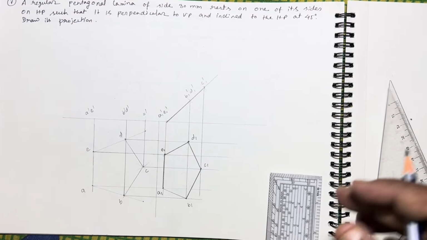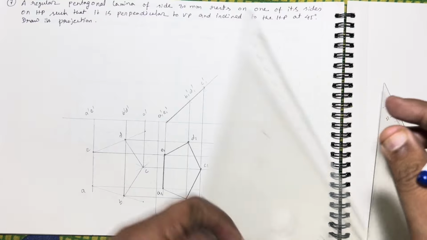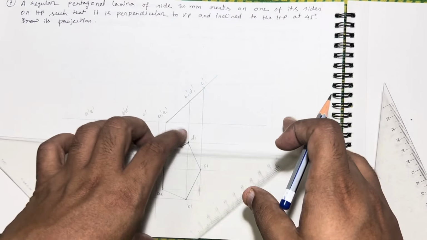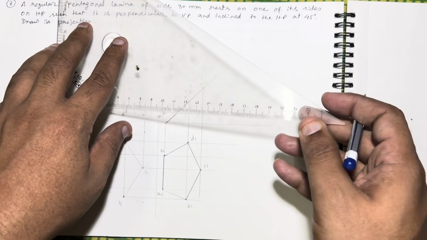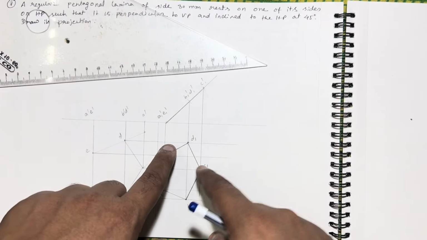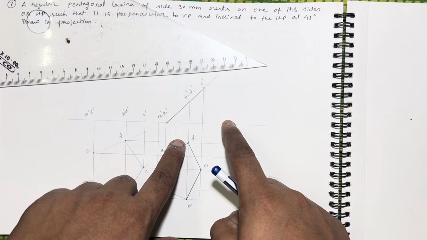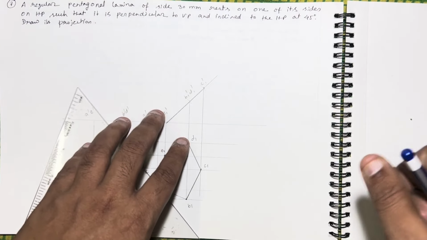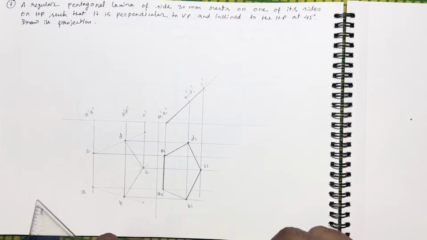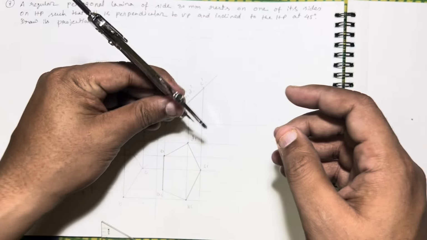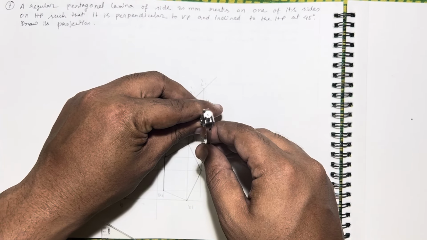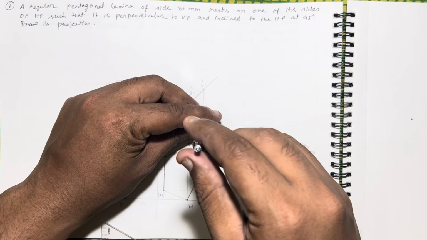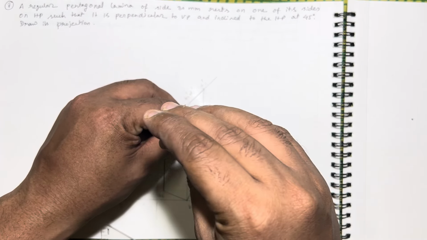Now you have to draw the side view. For that you have to draw a 45 degree line, or easily you can shift this point to this with 45 degree, or pencil compass, whatever you like to do. Just put that and shift the point.